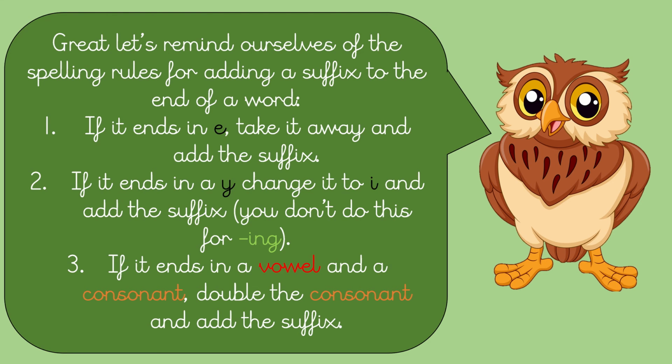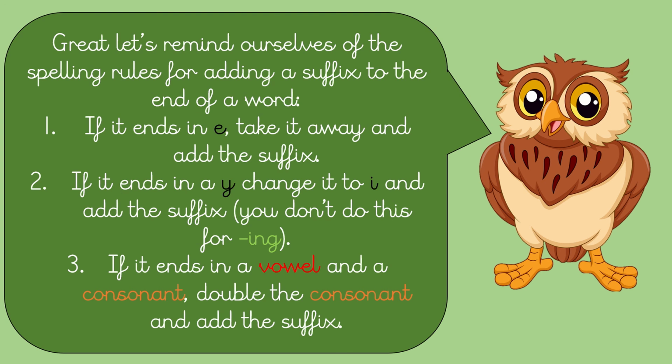Okay. Great, let's remind ourselves of the spelling rules for adding a suffix to the end of a word. Number 1, if it ends in E, take it away and add the suffix. Number 2, if it ends in a Y, change it to an I and add the suffix. You don't do this for "ing".